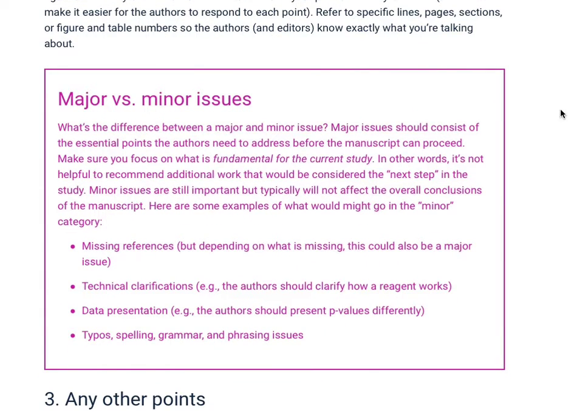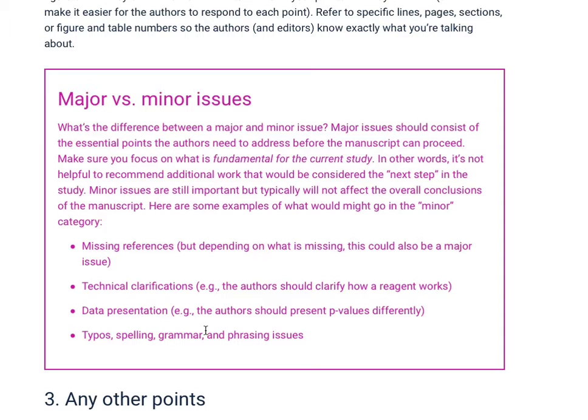In this article, they then go on to describe what are major versus minor issues. So, for instance, they suggest for minor issues that would be missing references, technical clarifications, typos, spelling, grammar. It's very important, however, that when you submit a paper for potential publication, that you have proofread this paper and ideally also had others proofread the paper.